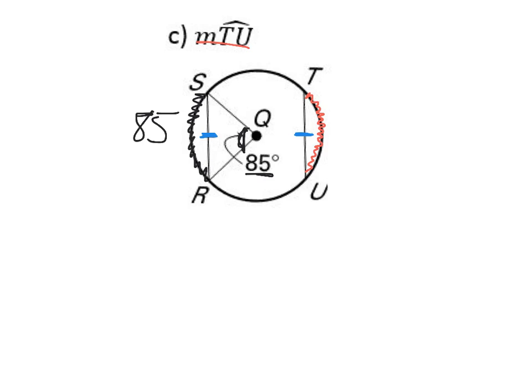The other way to think about it is if I extend these segments to these other points, essentially drawing diameters across my circle, what I've formed in the center here are vertical angles, which tells me this center angle is 85, this center angle is 85. This arc is 85, so this arc is 85.